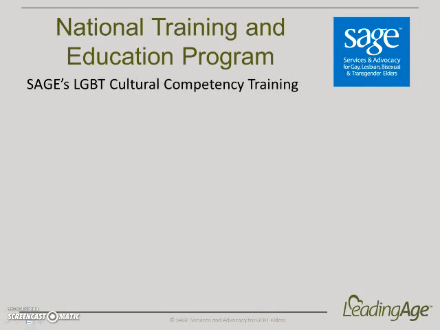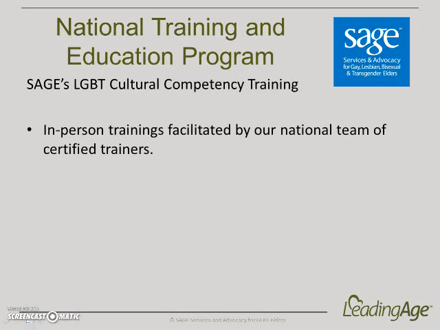I also want to let you know about SAGE's National Training and Education Program through SAGE's LGBT Cultural Competency Training. We offer in-person trainings facilitated all over the country by our national team of certified trainers. Trainings are anywhere from 4 to 8 hours in length. We also provide webinars and distance learning tools.